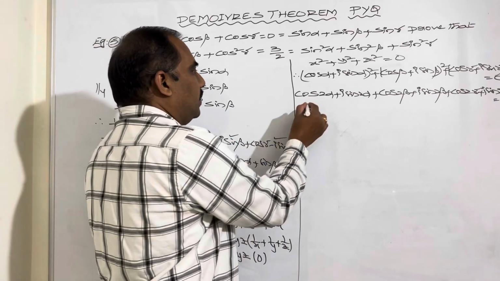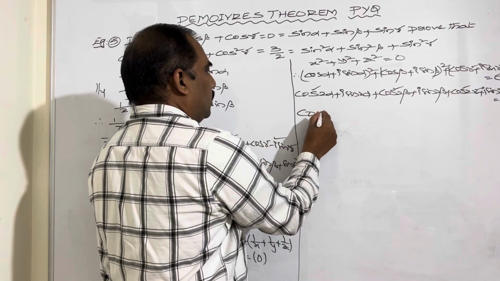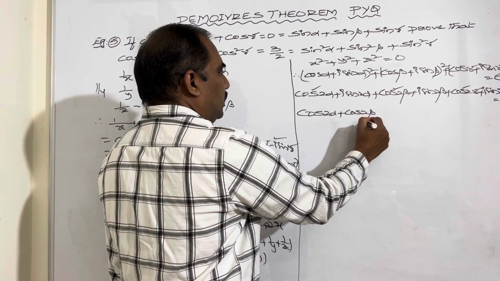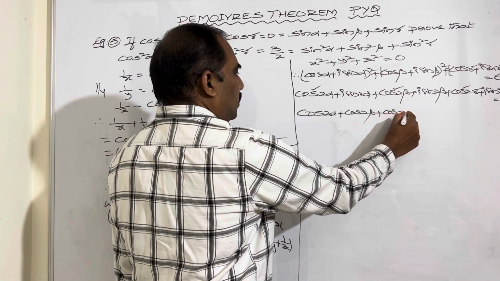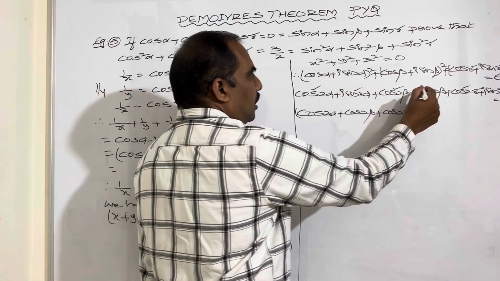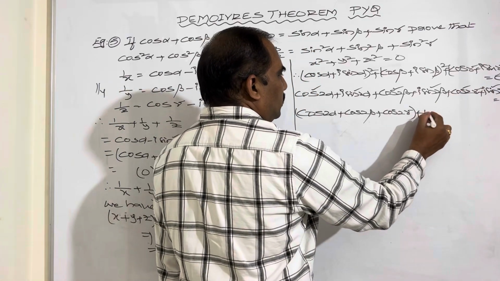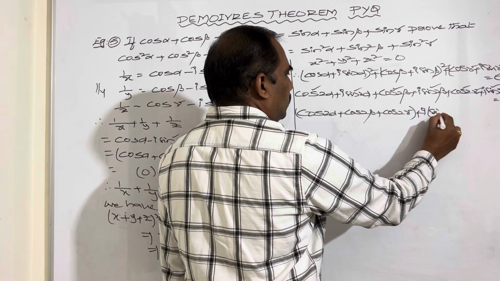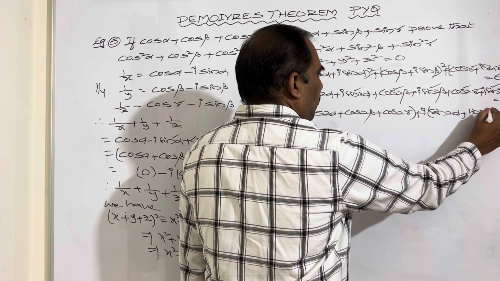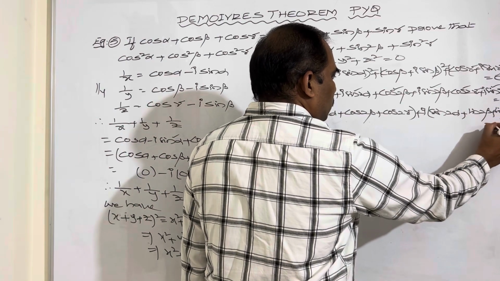Again separate the real parts: cos 2 alpha plus cos 2 beta plus cos 2 gamma. And i, if you take it common from these three, the imaginary values are i into sin 2 alpha plus sin 2 beta plus sin 2 gamma, which is equal to 0.